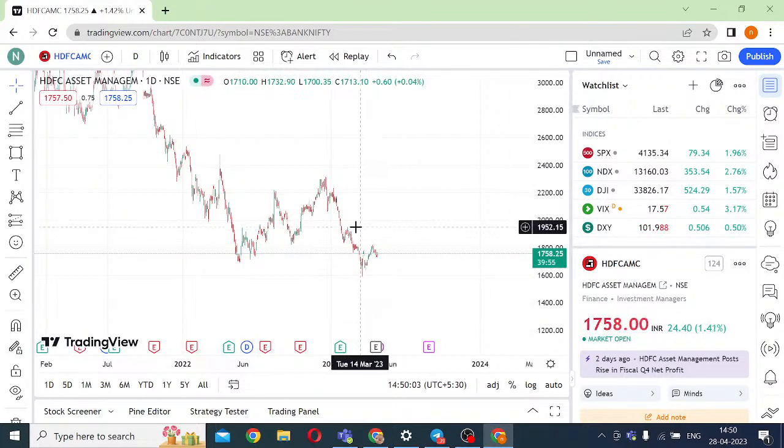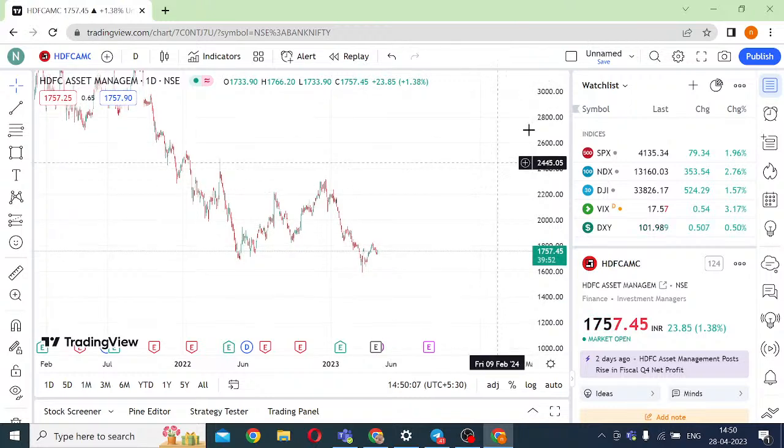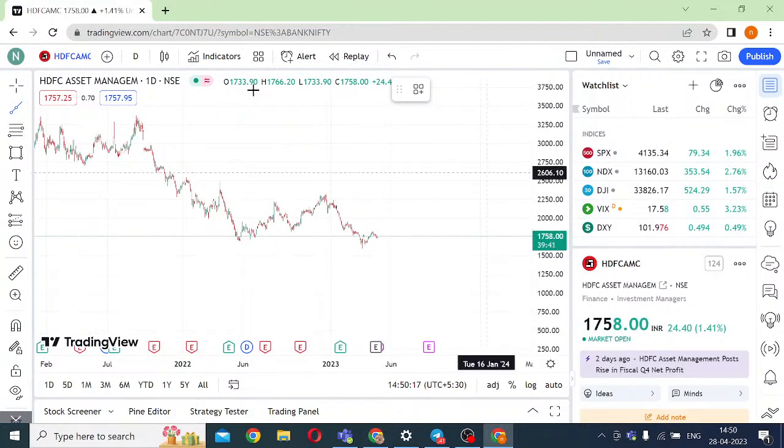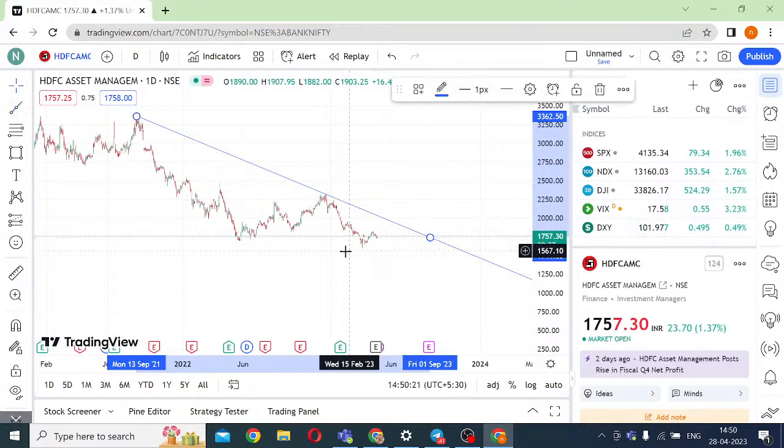Rao sir, again from a positional standpoint, you have it from a swing or positional standpoint, as in for a long-term basis. Okay, let me just look at this chart.